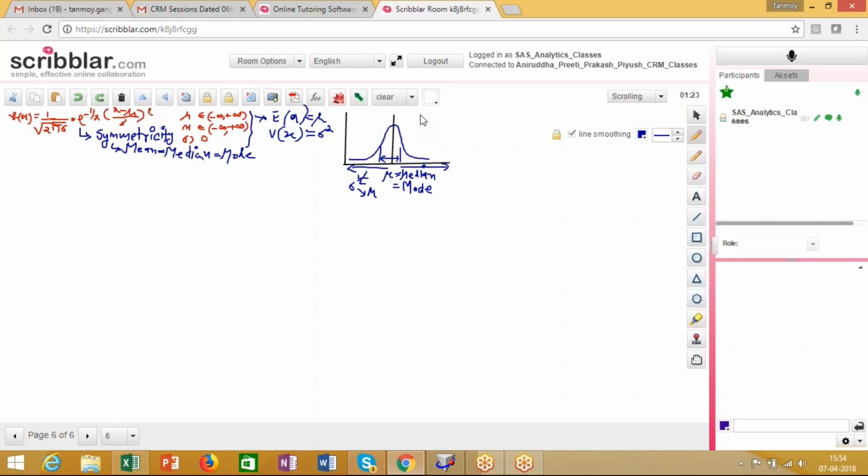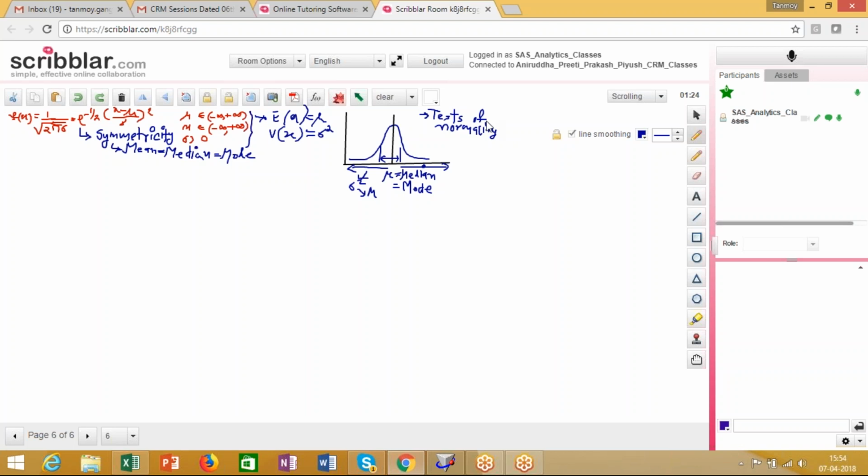For doing that, we need to derive the tests of normality.